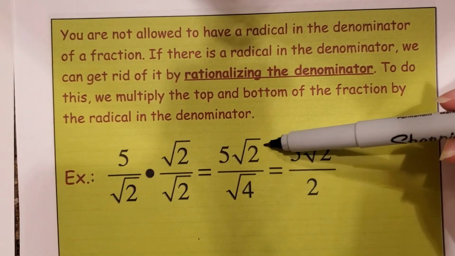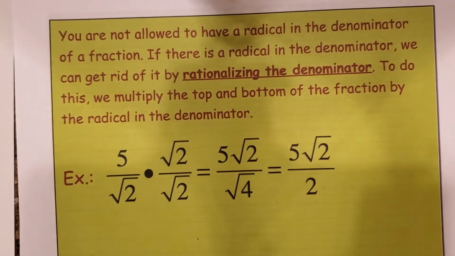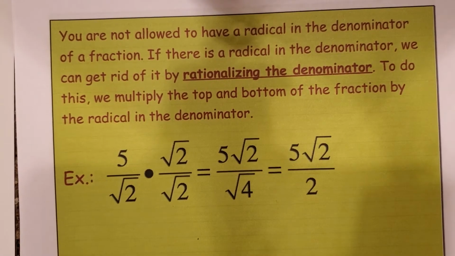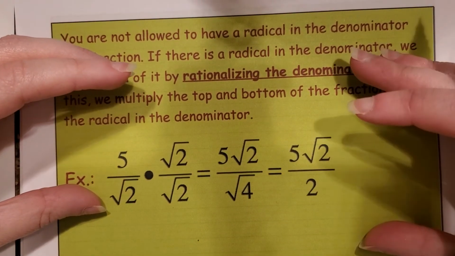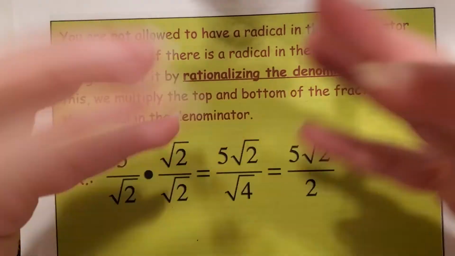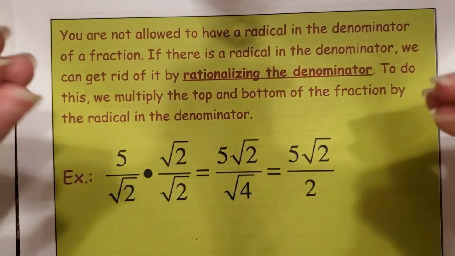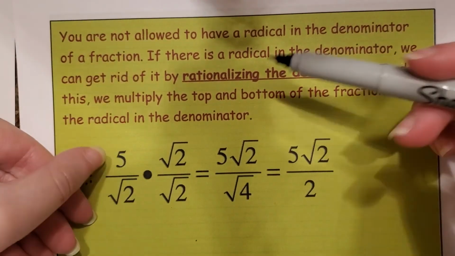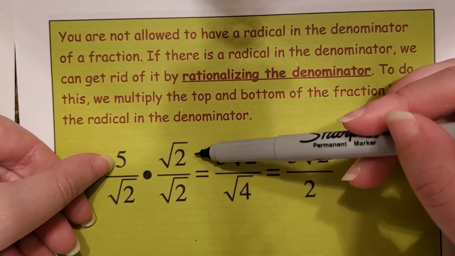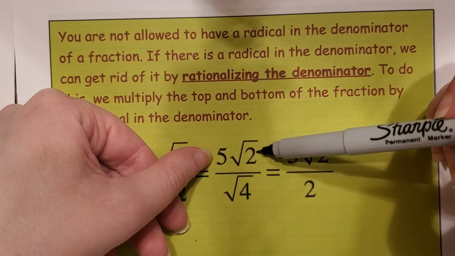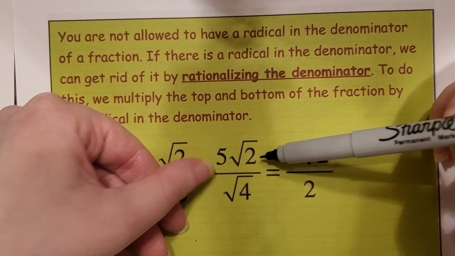The numerator works similarly to what I said before: if you have a number with a radical and a number without a radical, you can't do anything with them together. You have to keep them separate. So 5 times the square root of 2 is not the square root of 10. It's just 5 root 2.